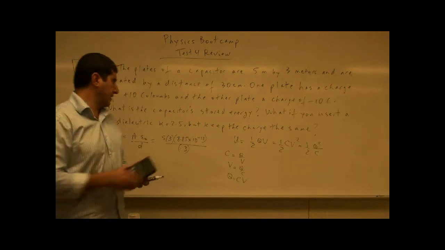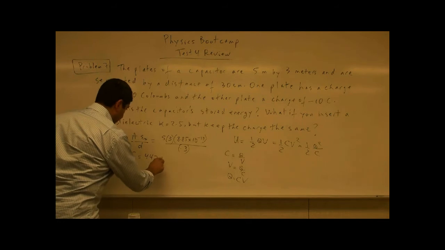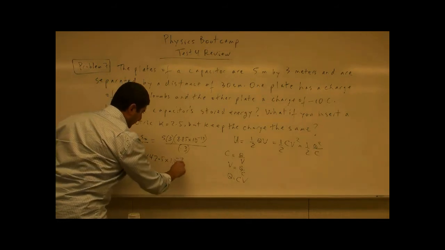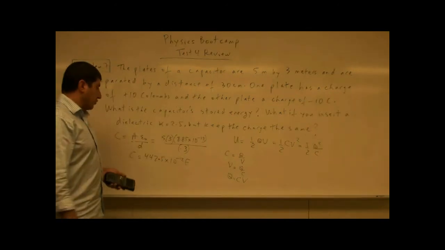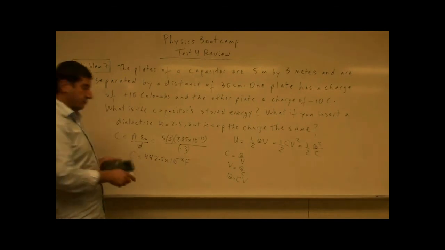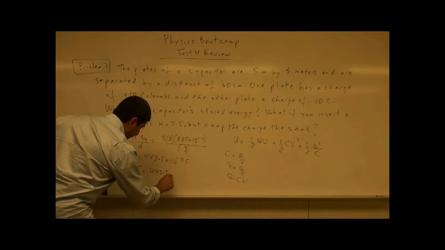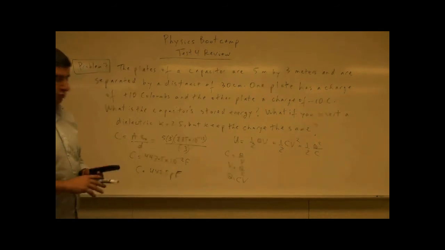Okay, so let's multiply all of that out. 442.5 times 10 to the minus 12 farads. The other way to express that is you can say 442.5 picofarads. Pico means 10 to the minus 12.